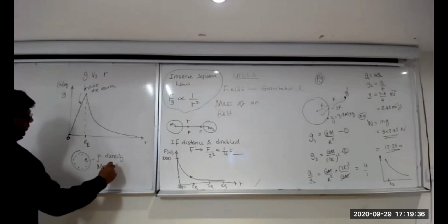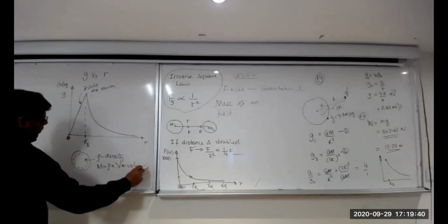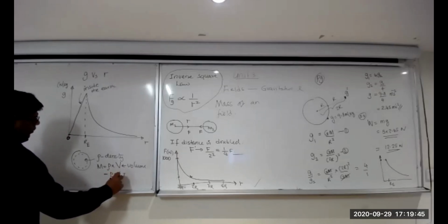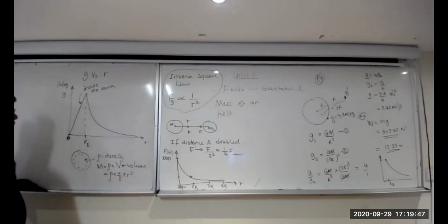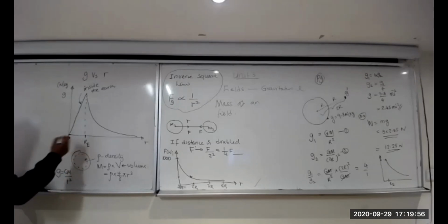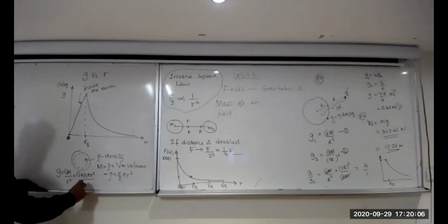The volume becomes 4/3 pi r cubed. So your GM on r squared, with M as density times 4/3 pi r cubed, over r squared.